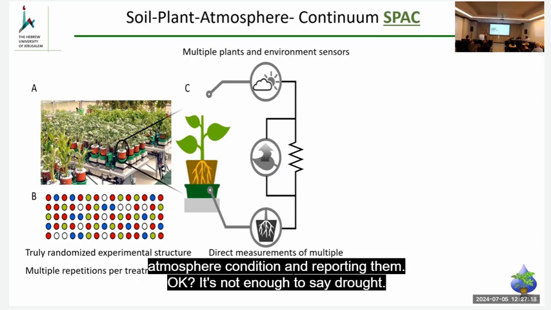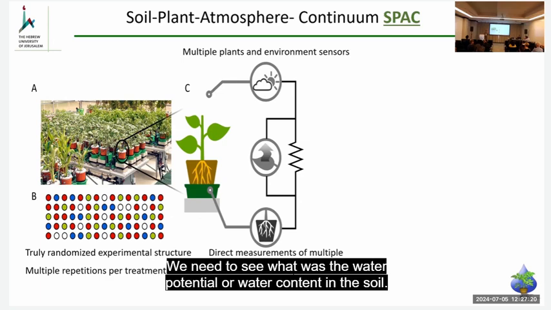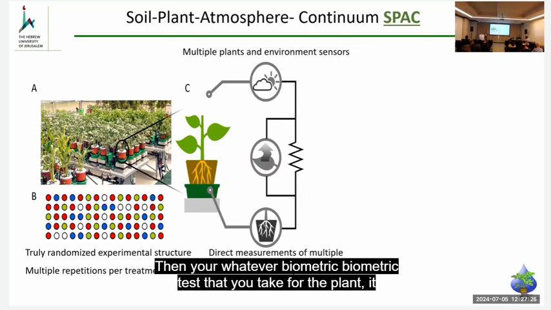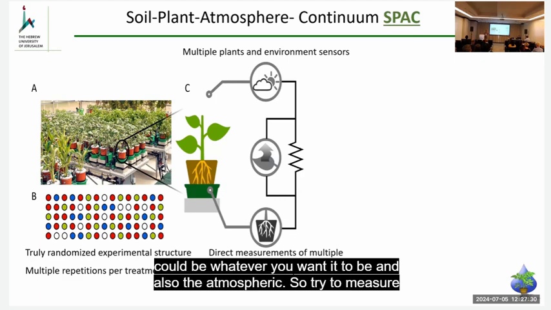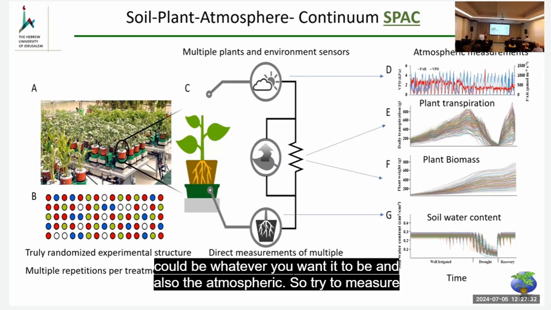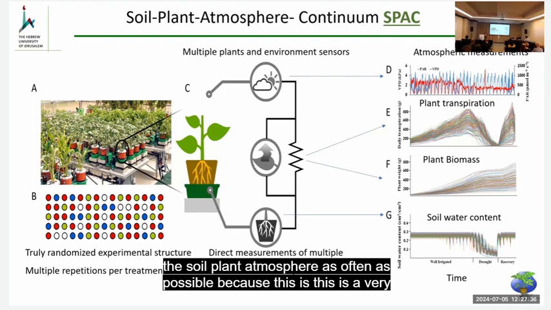It's not enough to say drought. We need to see what the water potential or water content in the soil was. Then your whatever biometric test that you take for the plant, it could be whatever you want it to be, and also the atmospheric.